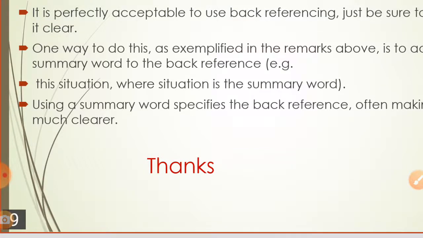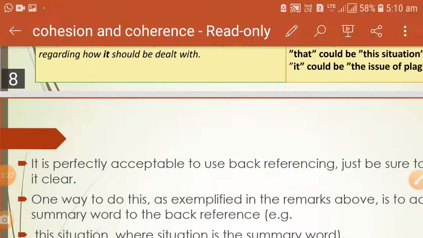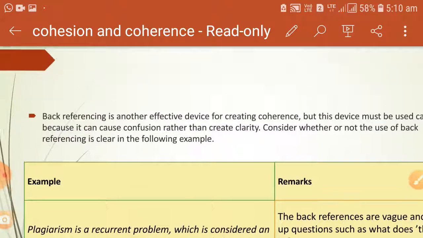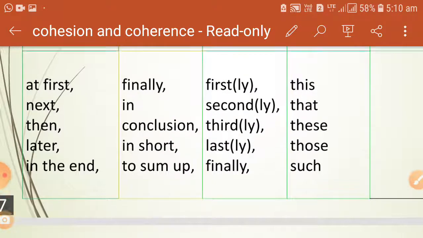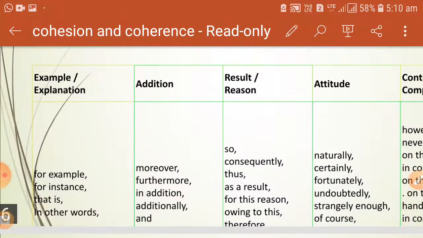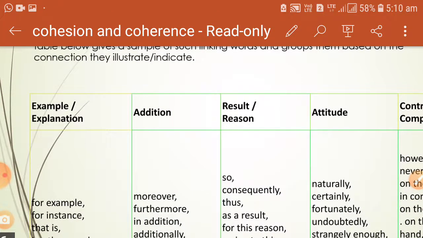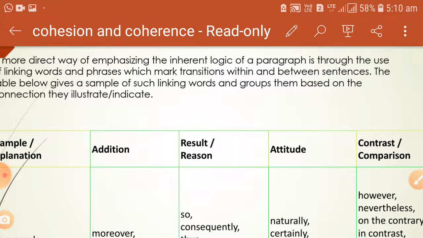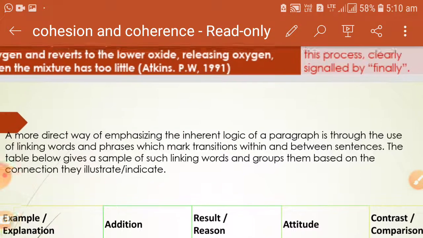So we have understood back reference, the logical unity, coherence, cohesion, and examples of timing, summary, order, and back reference. We have understood the examples: for example, explanation, addition, result, attitude, contrast, comparison.